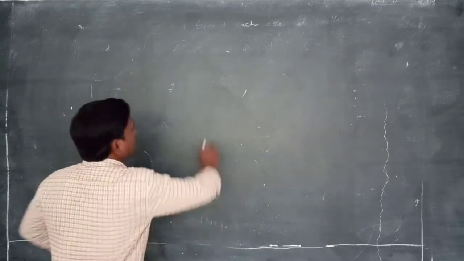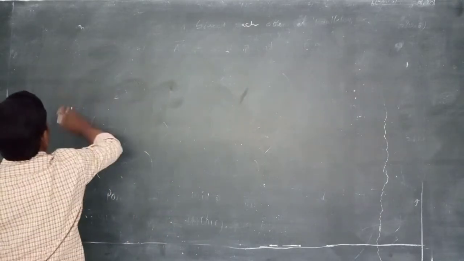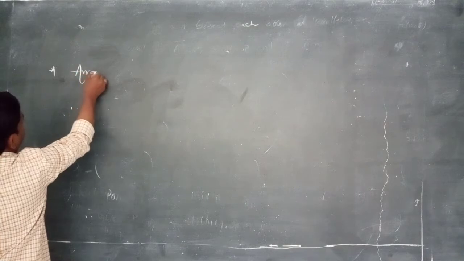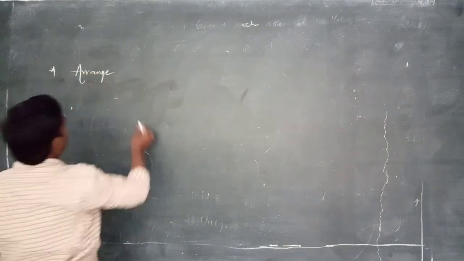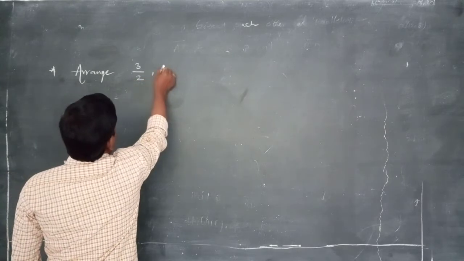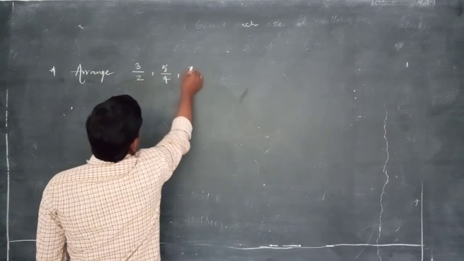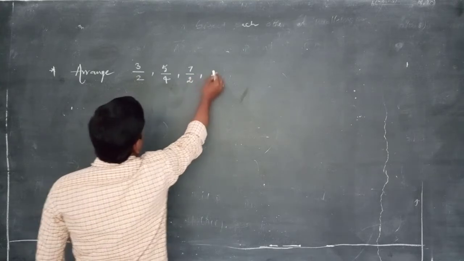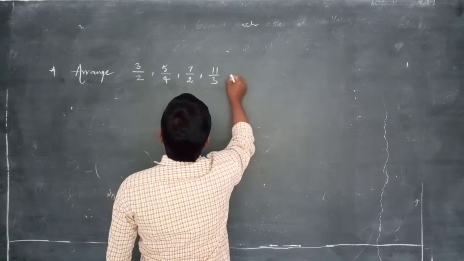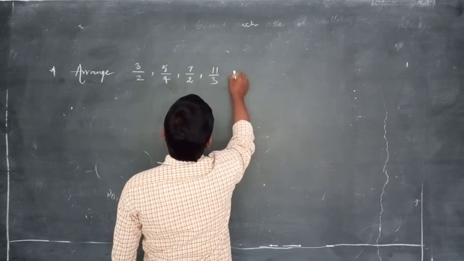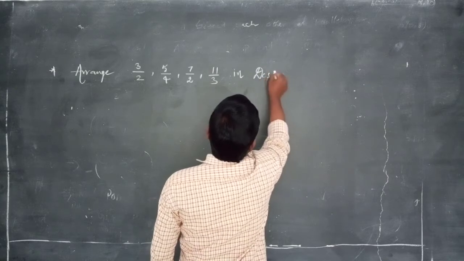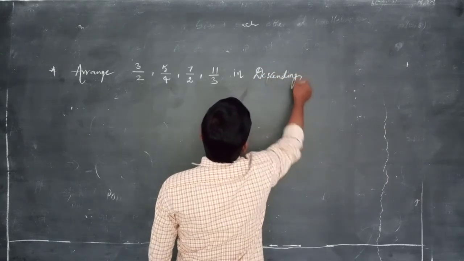So let us discuss: arrange 3 by 2, 5 by 4, 7 by 2, and 11 by 3 in descending order.